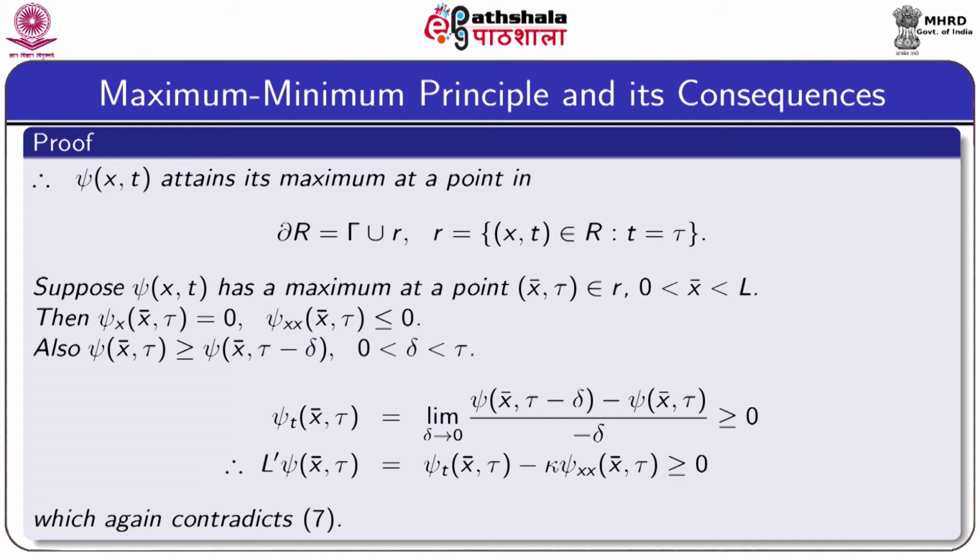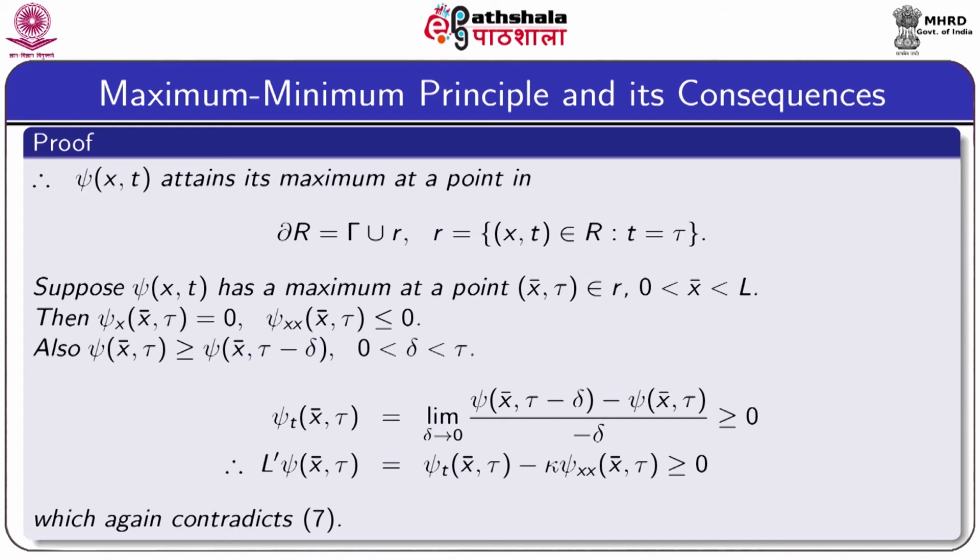So, the value of ψ in the neighborhood of (x̄, τ) must be less than the value of ψ at the point (x̄, τ). This is the property of having maxima of a function, and this δ can lie between 0 and τ.